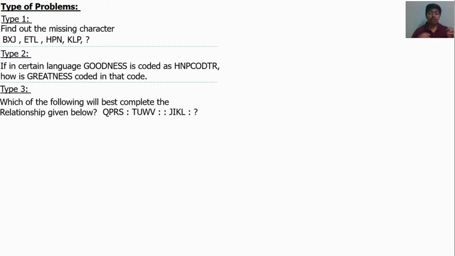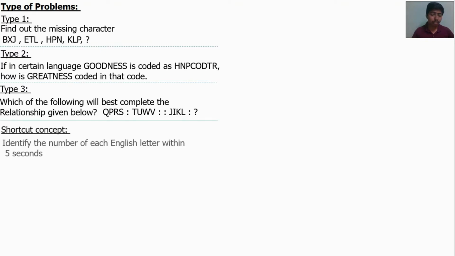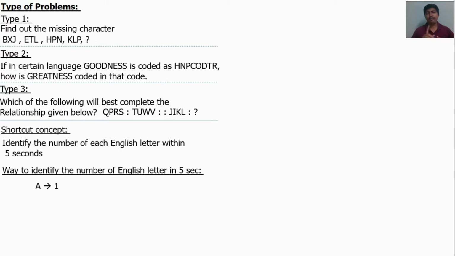For solving this problem within 30 seconds, you have to know the English character positions. Now I will explain tips for remembering the position of English letters in the easiest way. Letter A is the first position.